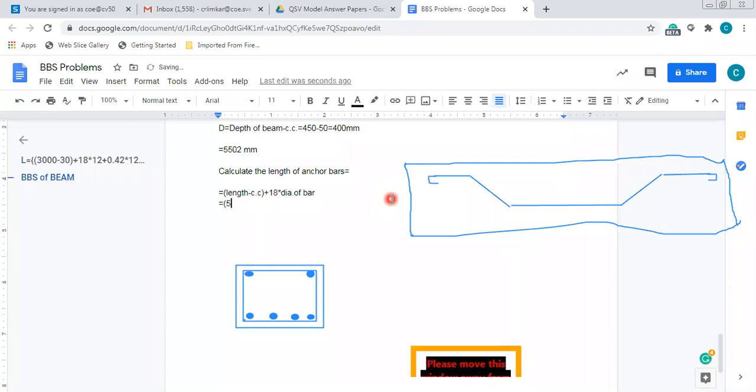Now the length of the bar is 5000 mm, minus clear cover 50, plus 18 multiplied by the diameter of the bar. The diameter of the anchor bar is given as 10 mm, so I am directly multiplying with 10. So get the answer for the length of the anchor bars. How much is it?